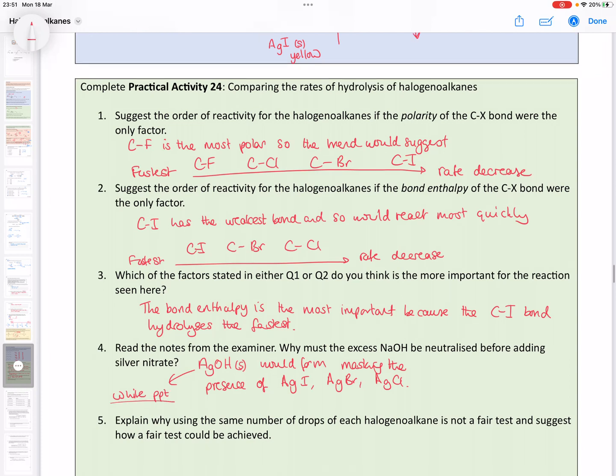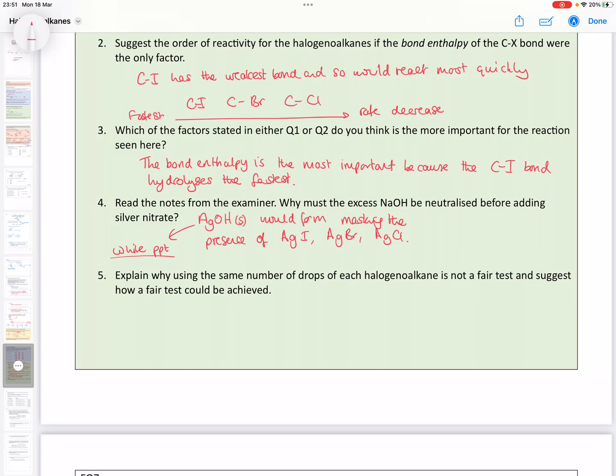Explain why using the same number of drops of each halogenoalkane is not a fair test, and suggest how this could be achieved. Well, the halogenoalkanes all have different densities. So a similar volume will have a different mass and a different number of moles.